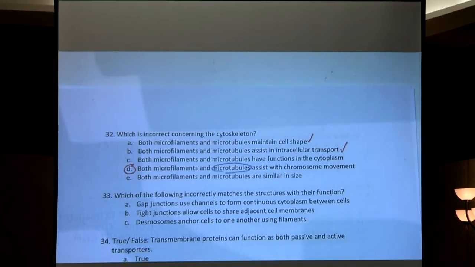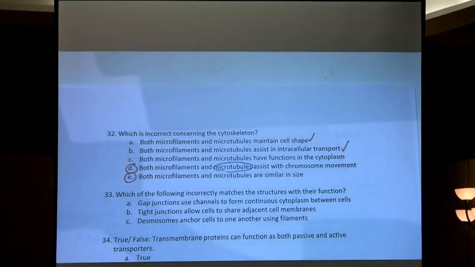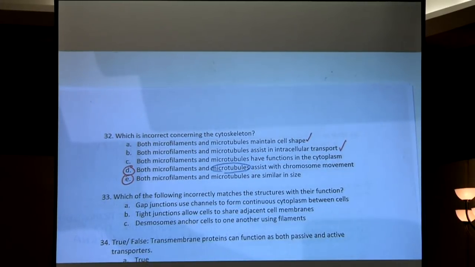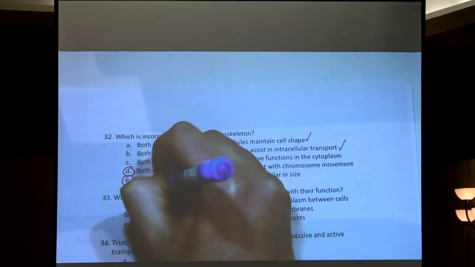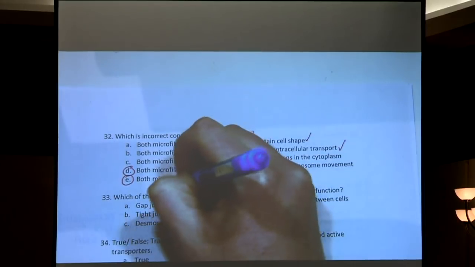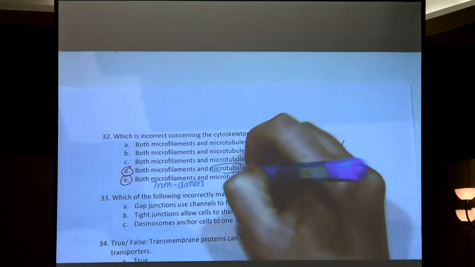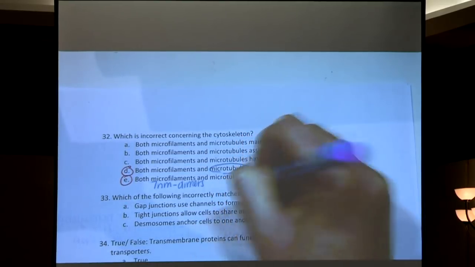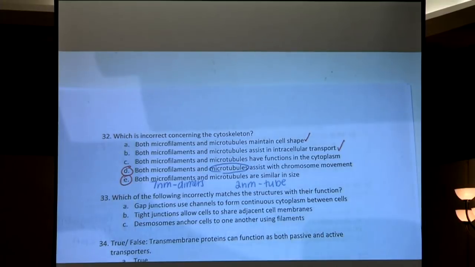What do we think? So that one's also not true. They're considered to be fairly different in size. So our microfilaments are 7 nanometers and they form dimers. All right. And then our microtubules are 25 nanometers and they form a tube. All right.